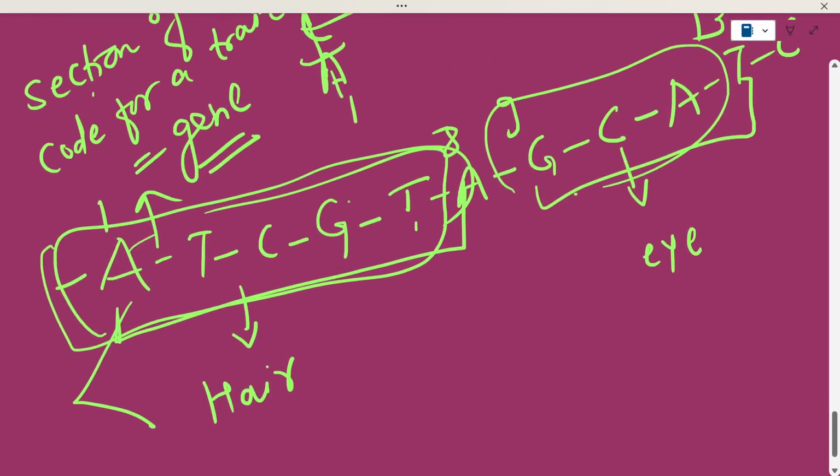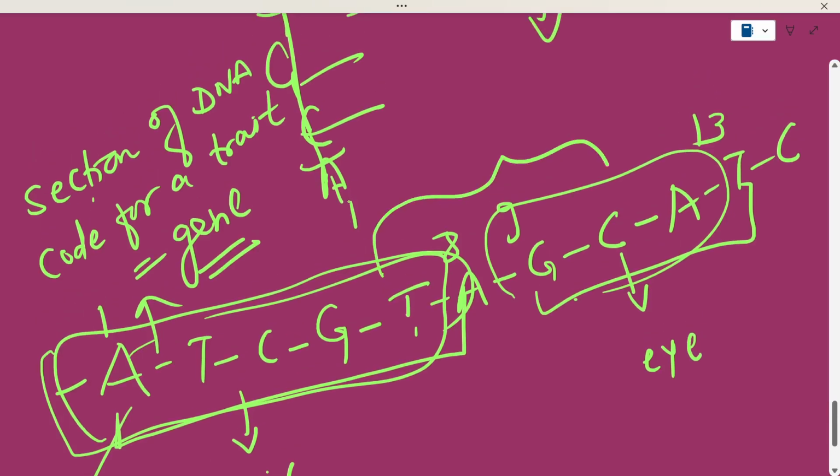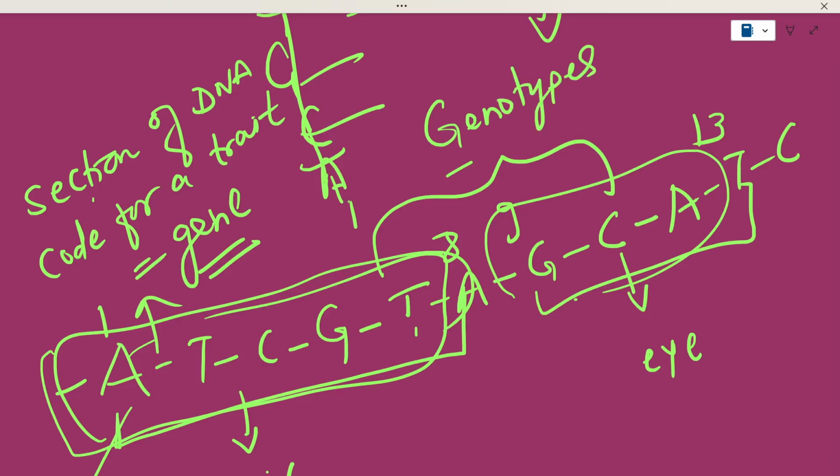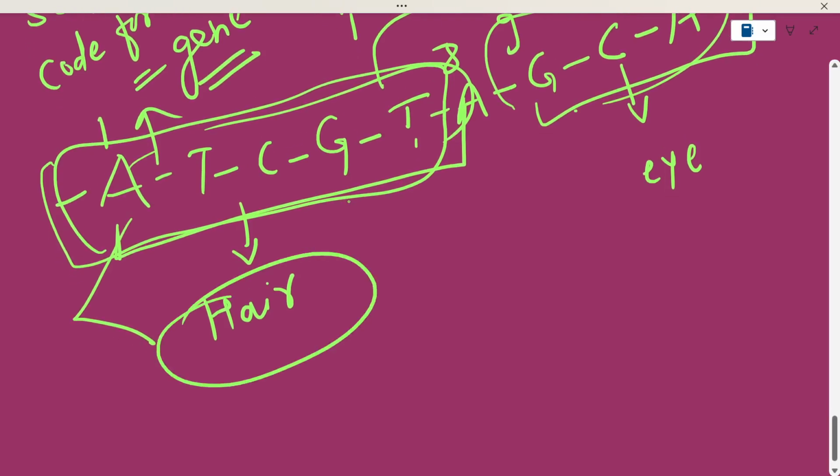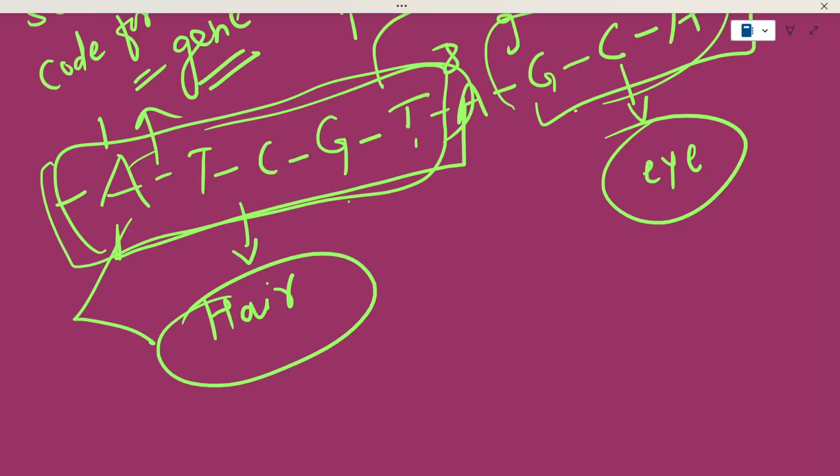Such sections or such genes combine to form the genotype, which is not visible. But their counterpart, the physical appearance, is visible. This physical visibility is in genetic terminology known as expression of traits, expression of genes.